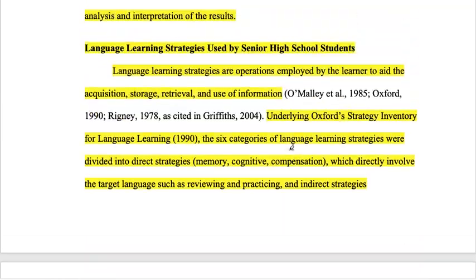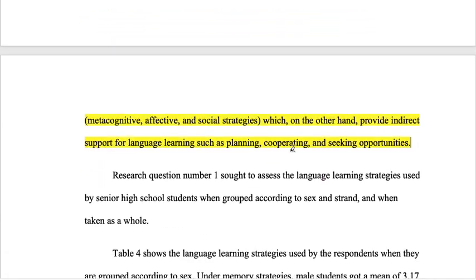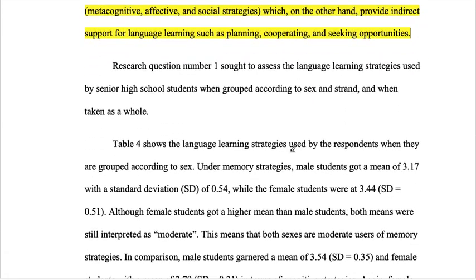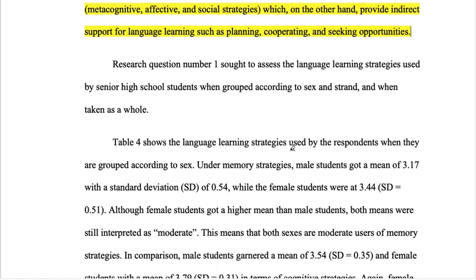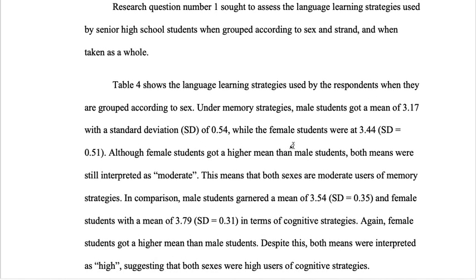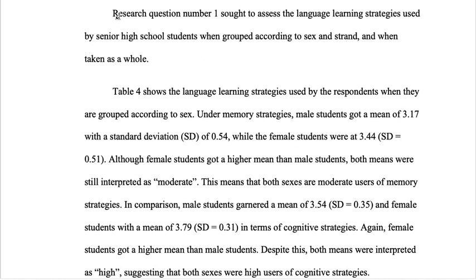Now, okay, so as you transition to answering research question number 1, you mention like this: Research question number 1 sought to assess the language learning strategies used when the senior high school students are grouped according to sex and strand and when taken as a whole.